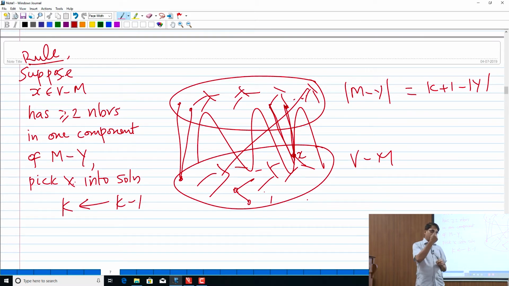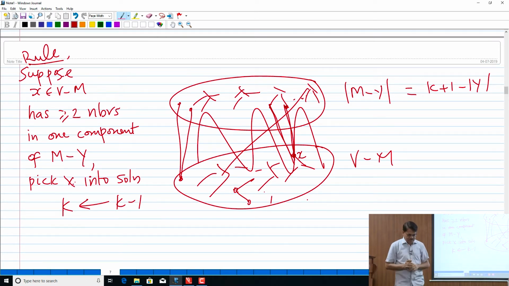Can it have only one neighbor? Then it's a degree 2 vertex, right? Because it is a leaf in the tree, and if it has one neighbor there, it's degree 2, and I would have applied the degree 2 rule. So it should have at least two neighbors up there. If it only has two neighbors, then even if it's one vertex, with no edges here, I would be careful and not do anything about it.